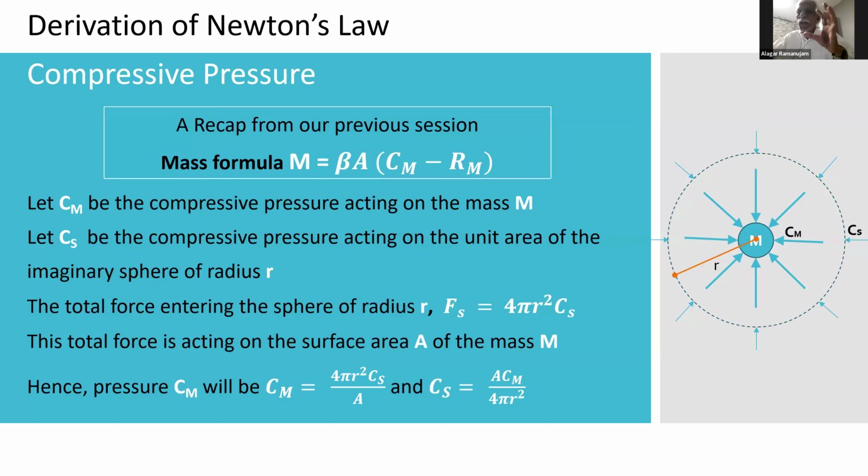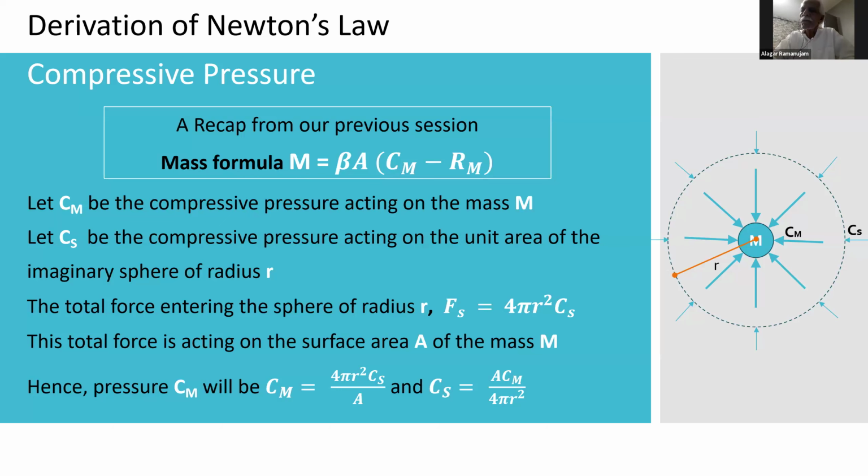So the total force acting on the surface of the body of mass m will be the same as the total force entering the sphere. Whatever enters the sphere will finally come and act on the mass m. So on the mass m, what is the total force acting? The surface area of the body of mass m, let it be capital A.